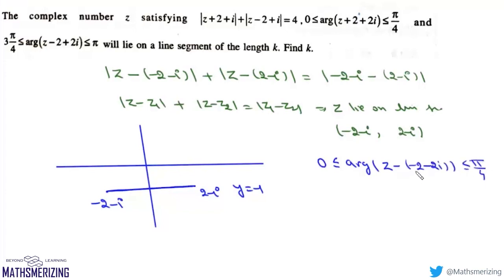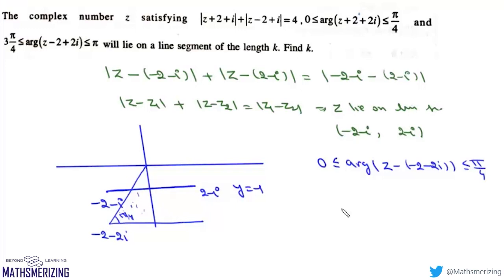So first we locate minus 2 minus 2 iota. So this point is minus 2 minus 2 iota, and here this argument should lie between 0 and pi by 4. So we are talking about all the points inside this angle.